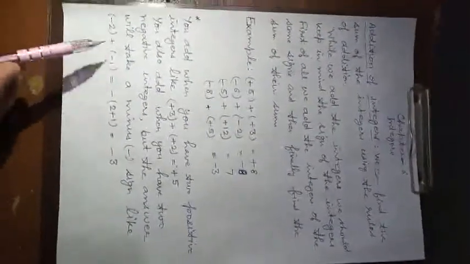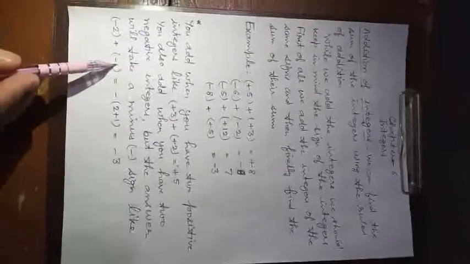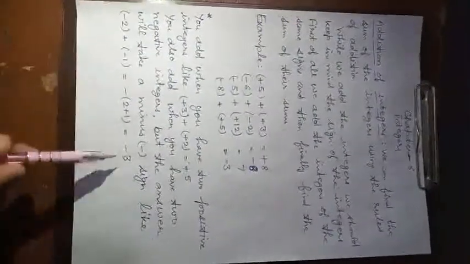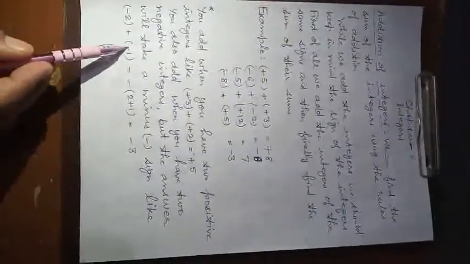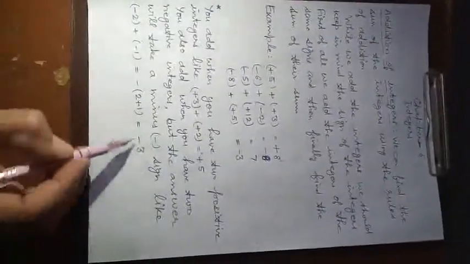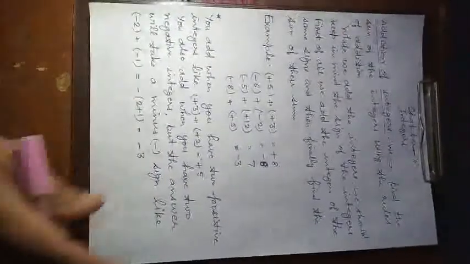Here both integers are negative, so first we find the sum of 2 and 1, that is 3, and sign of both the integers is minus, therefore answer will take the minus sign.